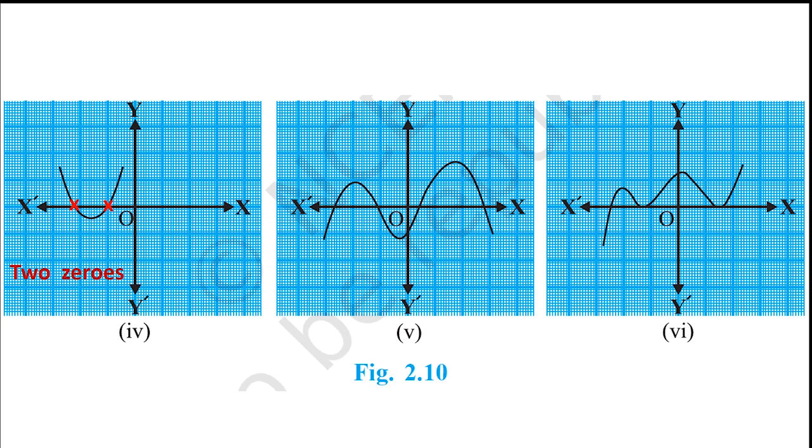In the fifth figure, the graph intersects the x-axis at 4 different points, so it has 4 zeros. And the last one, the graph intersects the x-axis at 3 points, so it has 3 zeros.